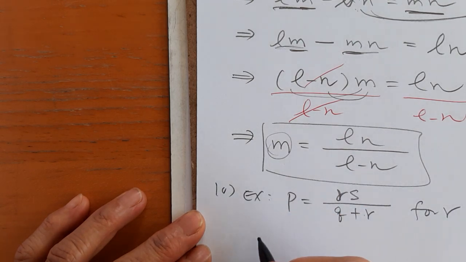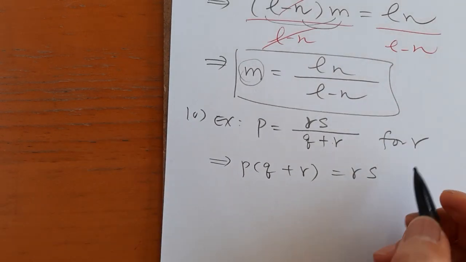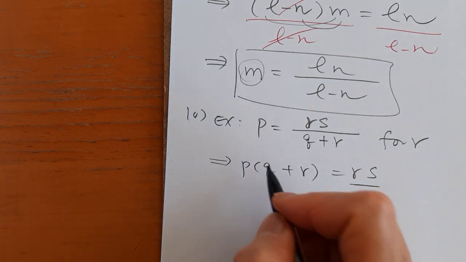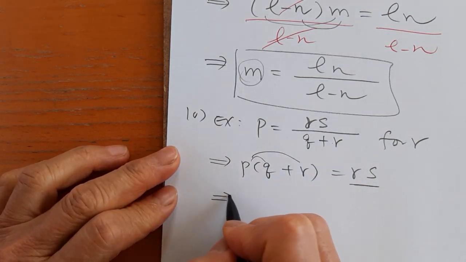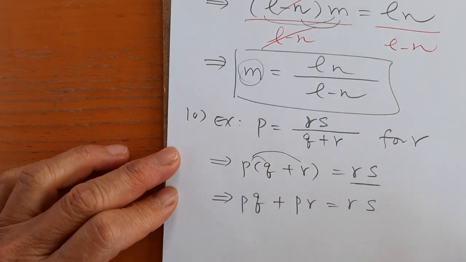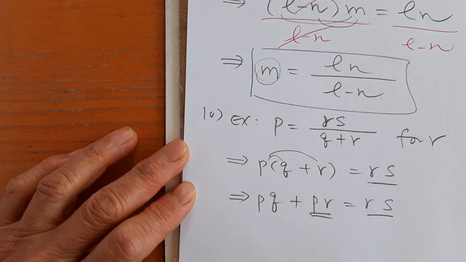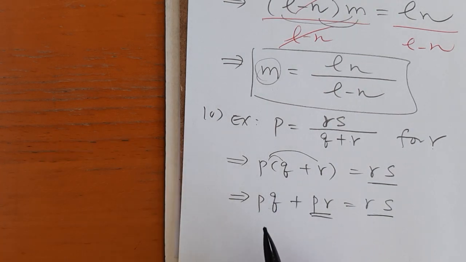So then you become p times (q + r) equals rs. You can see here, this term has r. This one distributed in. Get pq + pr = rs. And this term has r, this term has r. And this term pq has no r.